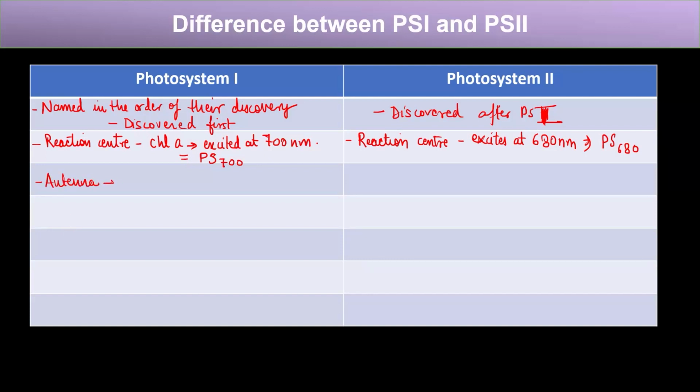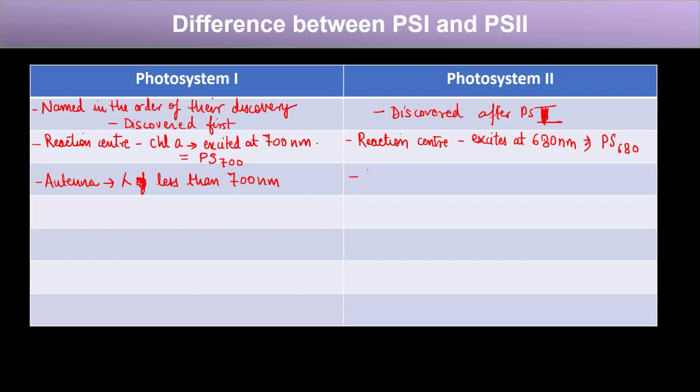The antenna in photosystem 1 will have wavelengths of light less than 700 nm, right? Because then only can they transfer their energy to the reaction center, right? Because the reaction center has the highest wavelength. And because of this, the antenna will have wavelength less than 700 nm.